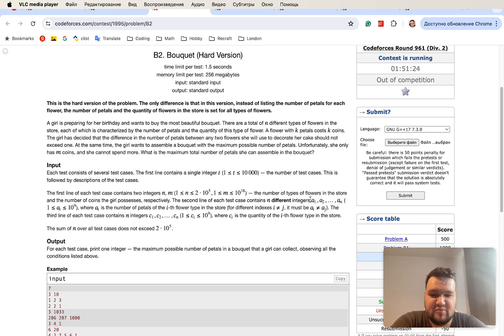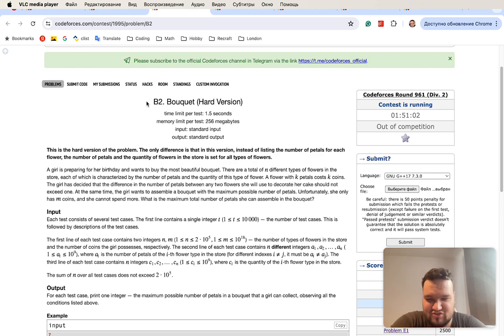For every type we are given number of petals and how many flowers of the type we have. This actually might be a nicer version of the problem. So yeah, let's just solve this one, and then for B1 we will transform the input to this format and then just use the same solution.